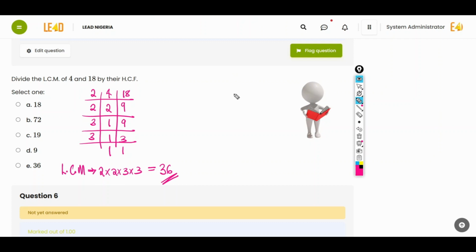HCF. For HCF, we only use what can divide both of them. So 2 can divide both of them. That would be 2 and 9. And there is nothing else that can divide 2 and 9 together. So the HCF is 2.